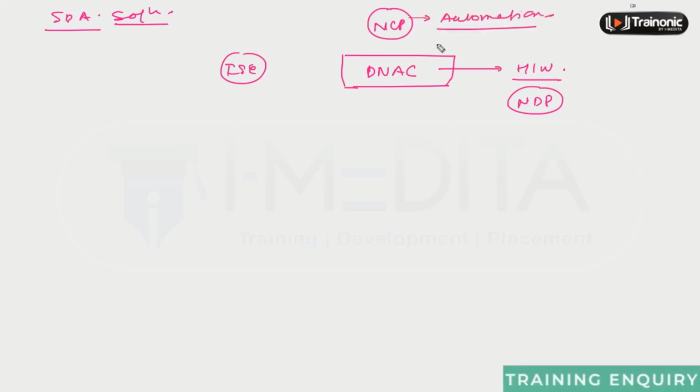From this DNA center, we define our intent, and this network control platform is going to deploy our intent into the entire infrastructure. Automation in the sense that we can do the configuration, management, and provisioning of all these devices from a centralized point.